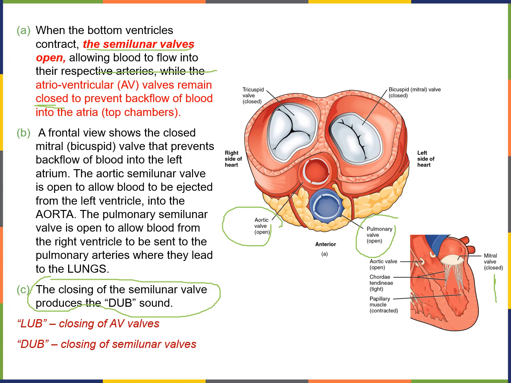So blood has been ejected out of the ventricles into the pulmonary trunk and the aorta, and blood has a tendency to want to flow backwards because blood always flows from high pressure to low pressure. But as it flows backward, it flows into the cusps of the semilunar valve and closes them. That's when you hear the dub sound.